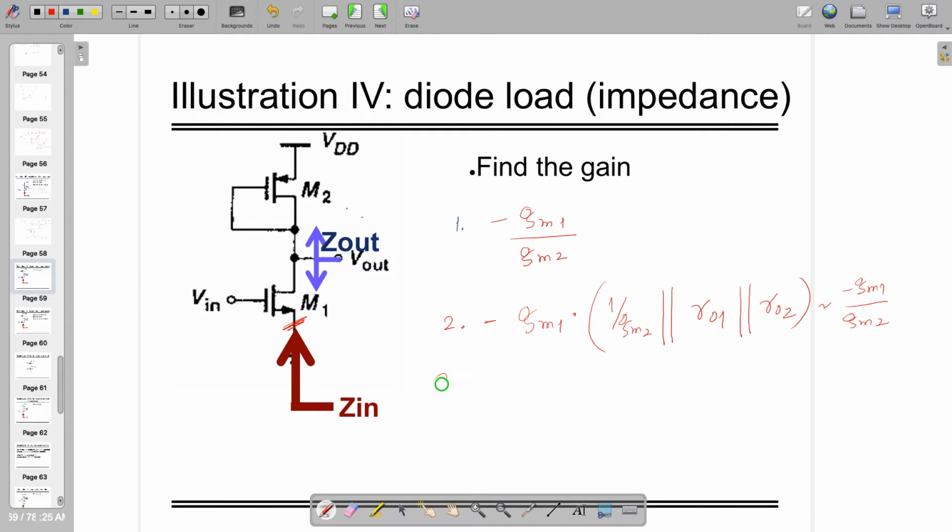What about the body effect? If there is body effect, so body effect means I am considering only M1, where I am giving the input. Body effect in M1, then what is going to happen?